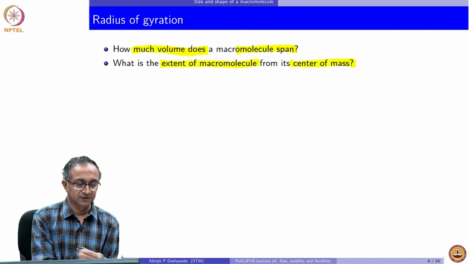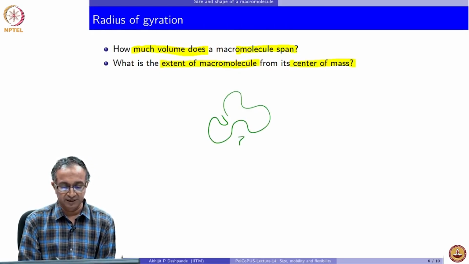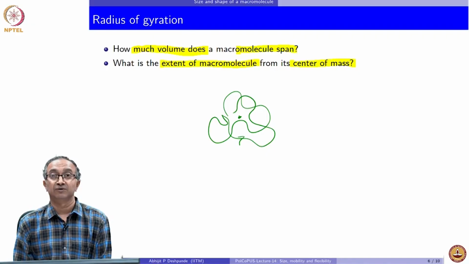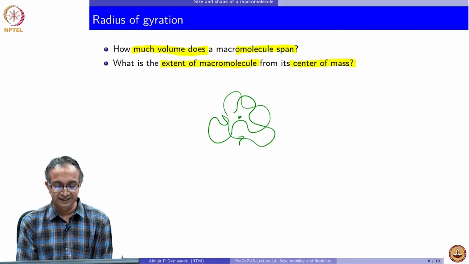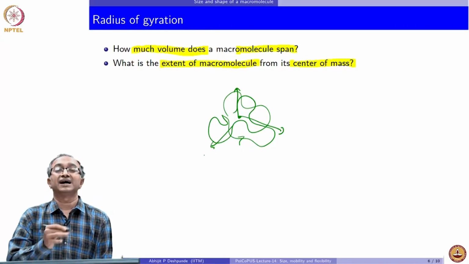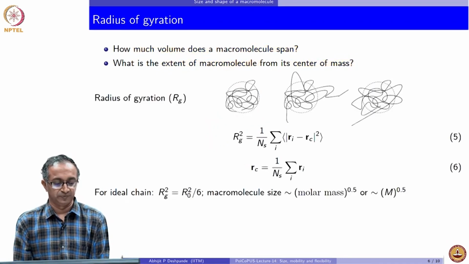So since we have a macromolecular chain and the mass is everywhere, we can calculate the center of mass of this polymer and then say, what is the distance of different parts of the macromolecule compared to this, and what is the average distance. And that idea is encapsulated in radius of gyration.